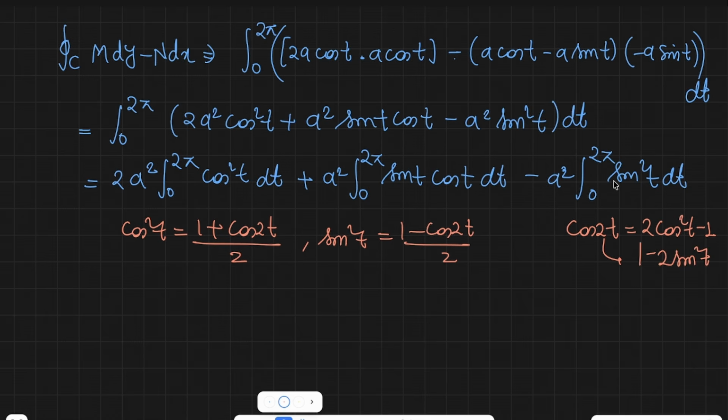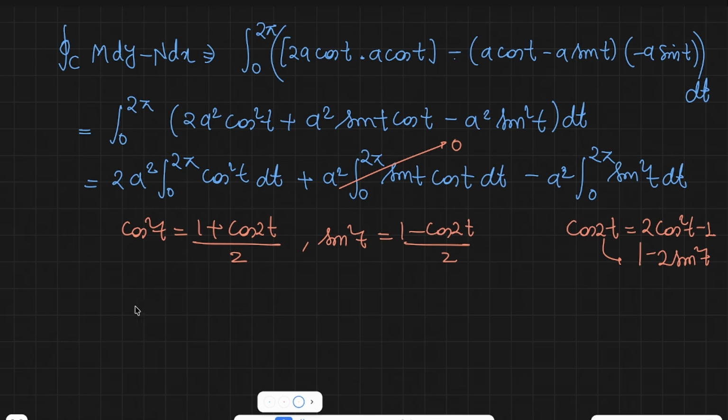Now from here, because it is odd, this will be 0. When you apply sine t cos t over a whole circle, that will be 0.